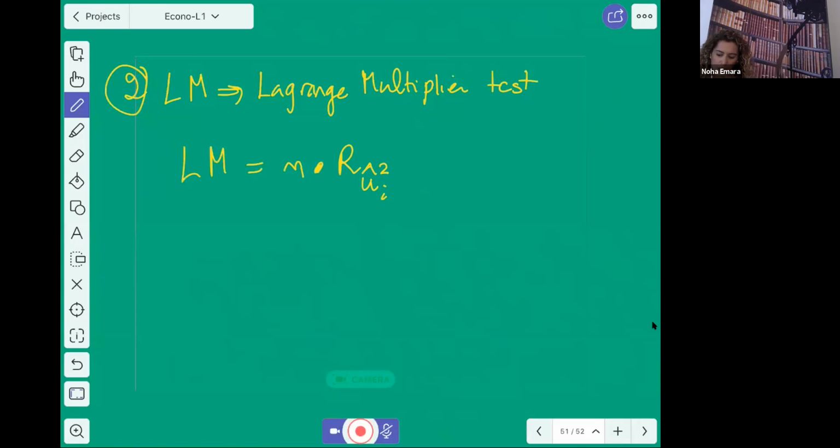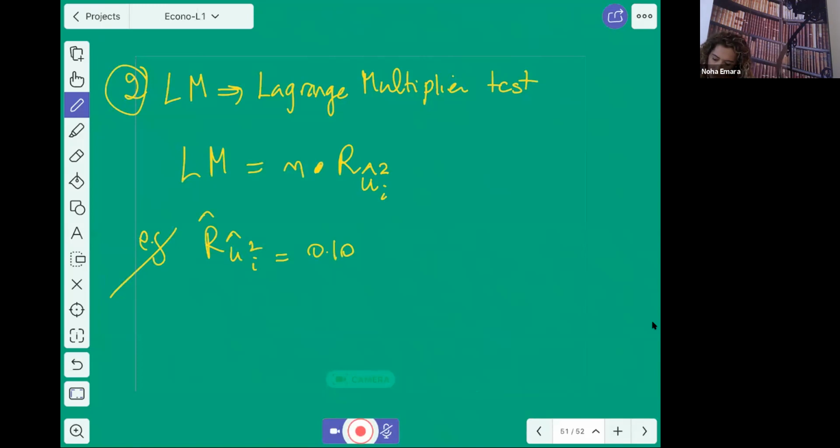Suppose, with any made-up numbers, that I got this R square from this regression to be equal to 0.10, which is 10%. In other words, the group of X's explain only 10% of the variation in the error, in the variance of the error term.